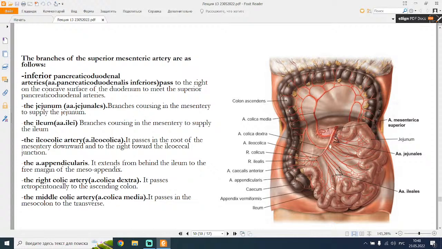Next, the arteria jejunales. These branches run in the mesentery to supply the jejunum.